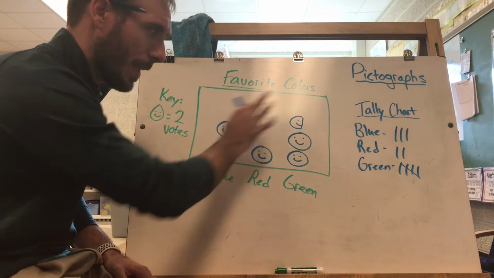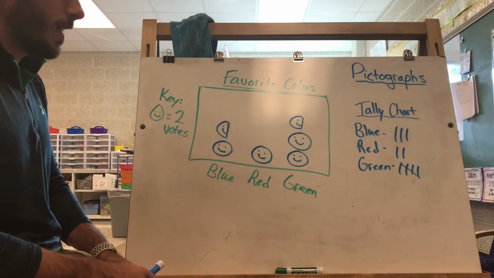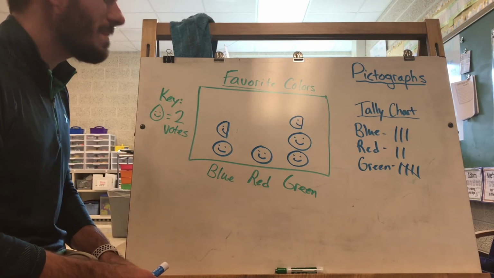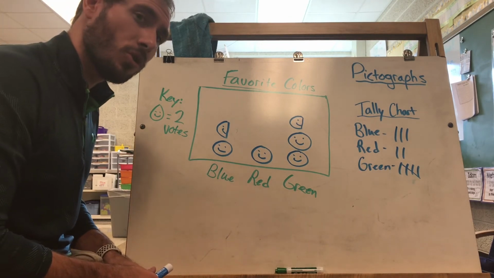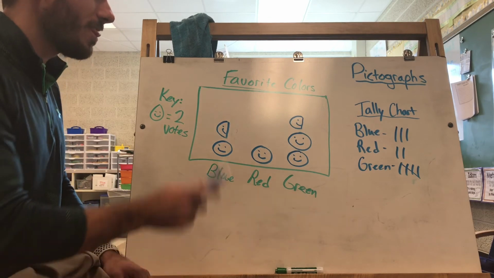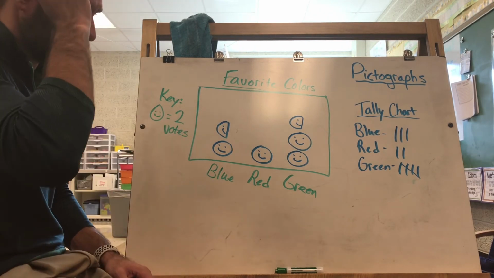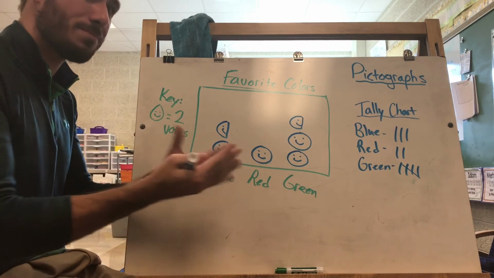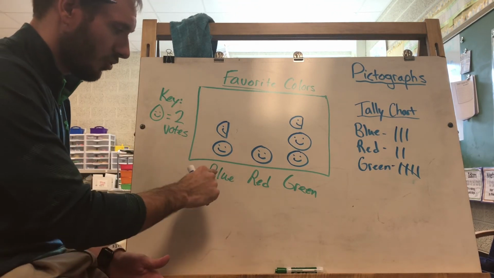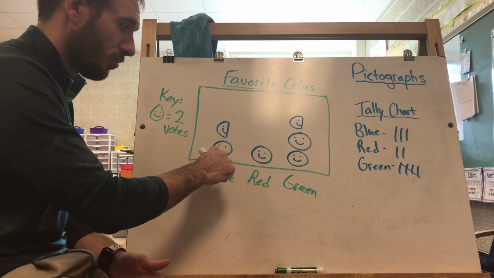So if we look at this picture here, Pictograph, if I were to ask you how many more students chose blue than red, you could answer that pretty easily. Okay? So when you see how many more, you're going to be comparing numbers, comparing information. How many more chose blue than red?